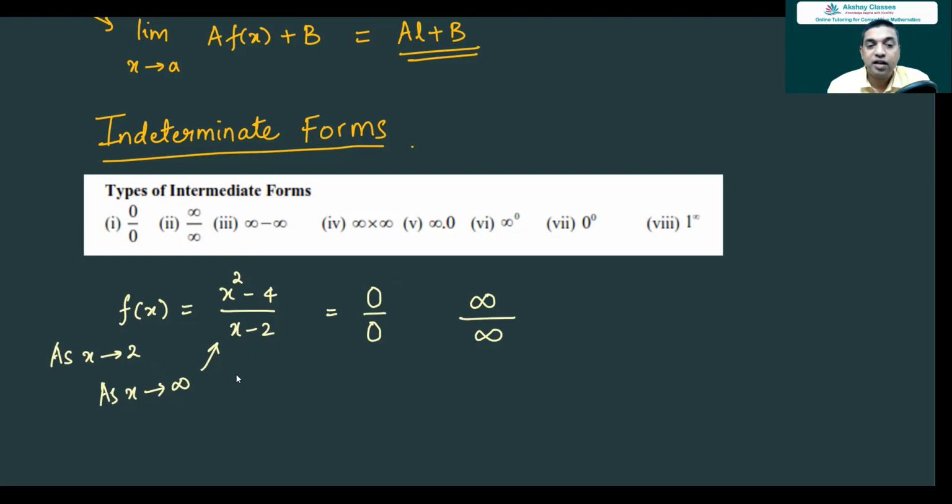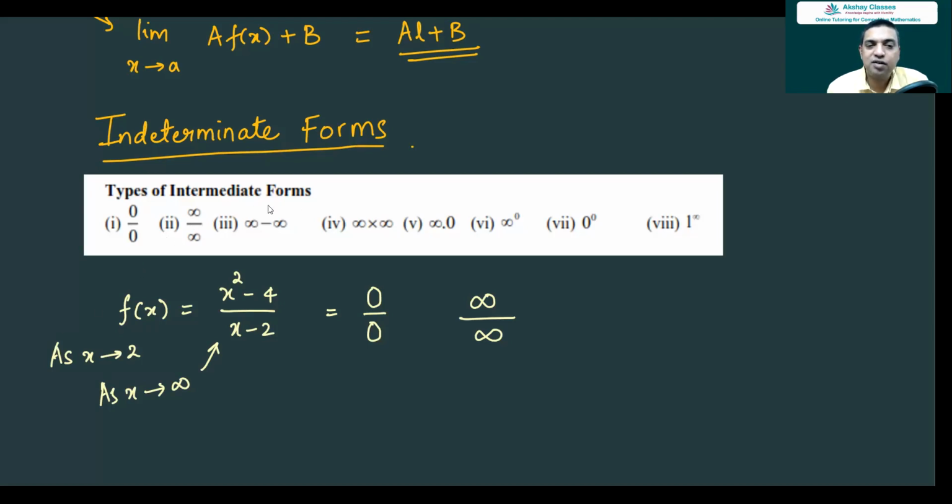Whichever is faster, that will be dominant. So if numerator is approaching faster than the denominator, then the limit will be infinity. If the denominator is approaching faster than the numerator, then the limit will be 0. If both are approaching infinity at the same rate, you will get a constant.